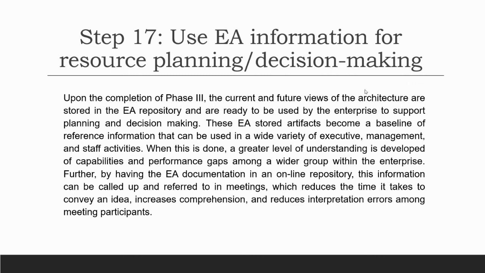For example, if one of the participants in a planning meeting wanted to demonstrate the need for improvements in information exchange within a specific line of business, documentation on the current and potential future views of the information flow could be called up from the repository and projected at the meeting.